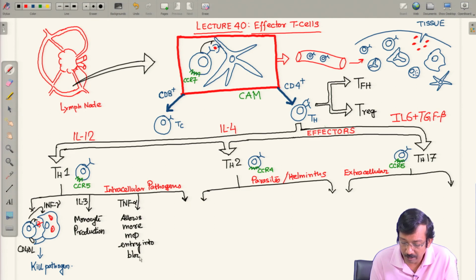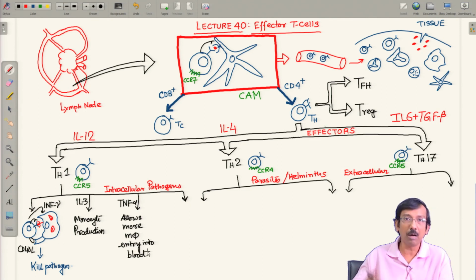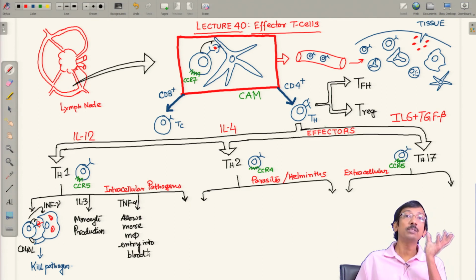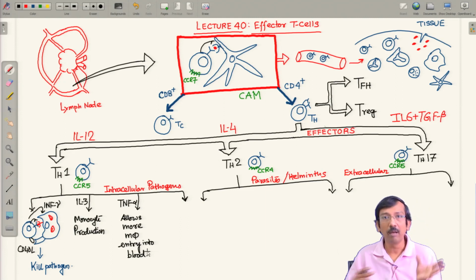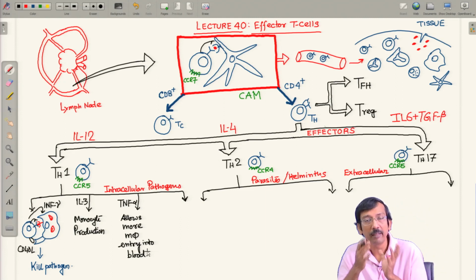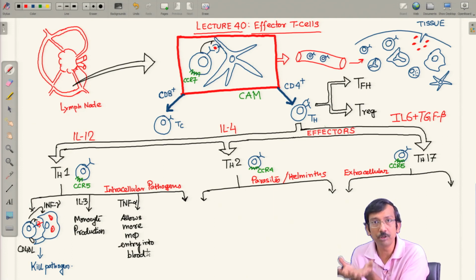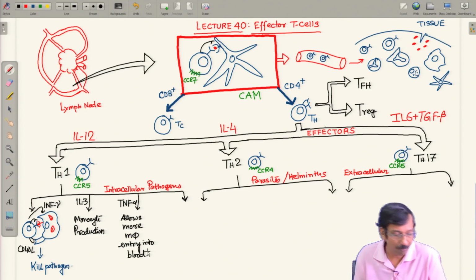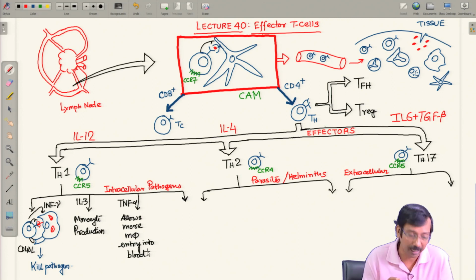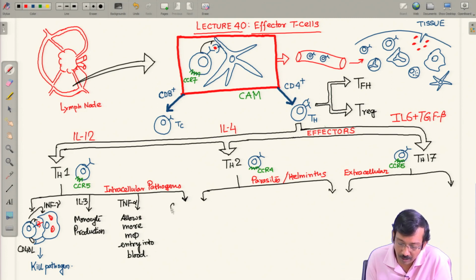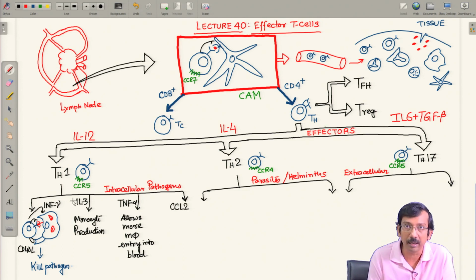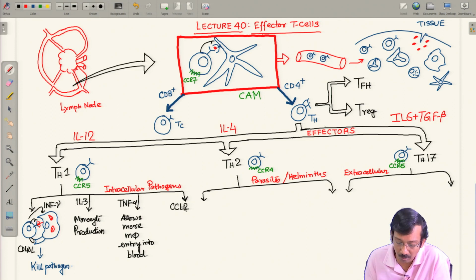Now, once more and more macrophages come out in the blood, they have to go to the site of action as well. So, now macrophages which are coming into the blood have to migrate to the site of action and show their action. So, they have to do their function, and for that you need some chemokines, for example. One of such chemokines is CCL2, that is also released by this Th1 cell type, and it can attract more macrophages.